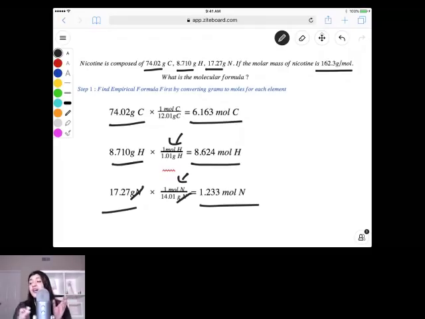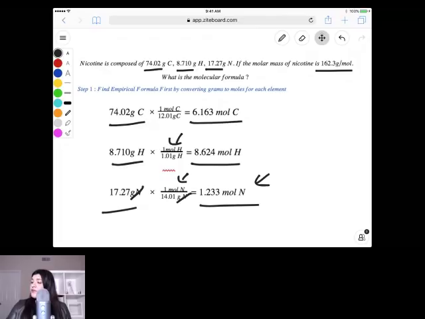So that's always your first step: converting grams to moles for each element that they talk about. So what's the next step? Divide by the smallest amount of moles. Our smallest amount of moles in this case would have been the 1.233 moles of nitrogen.